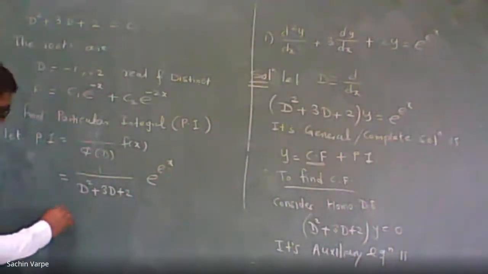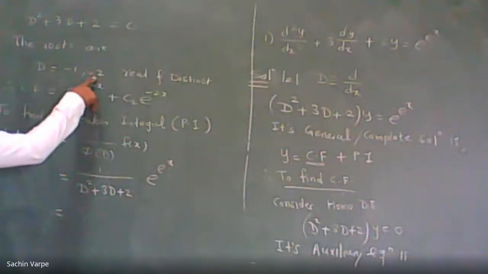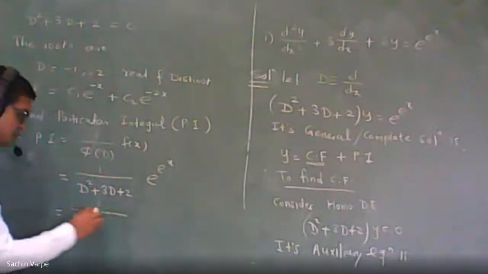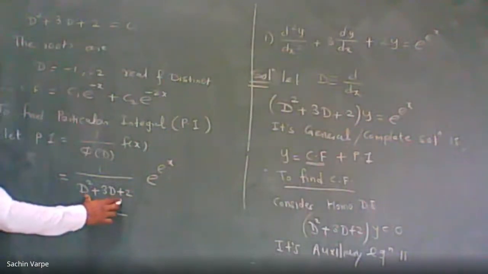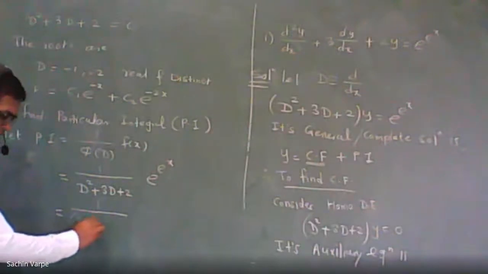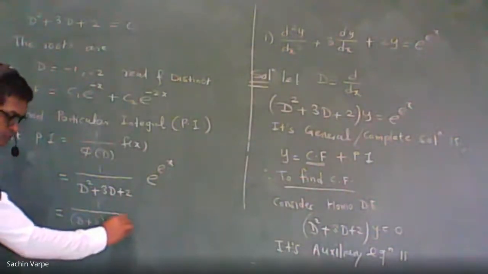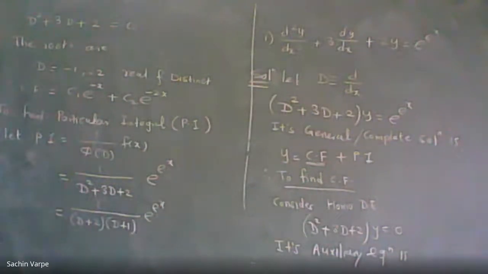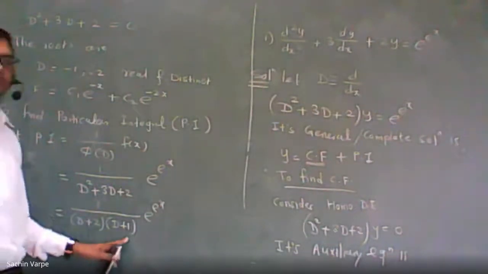What are the factors? As the roots are minus 1 and minus 2, the factors are D plus 1 and D plus 2. So I can write this polynomial in its factor form, D plus 1 and D plus 2, or D plus 2 into D plus 1.